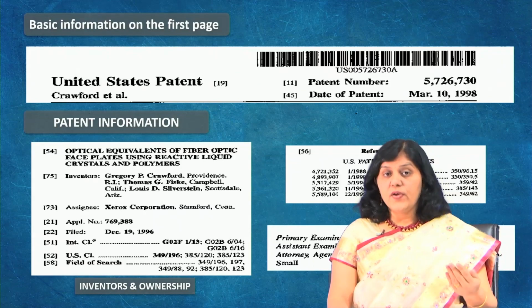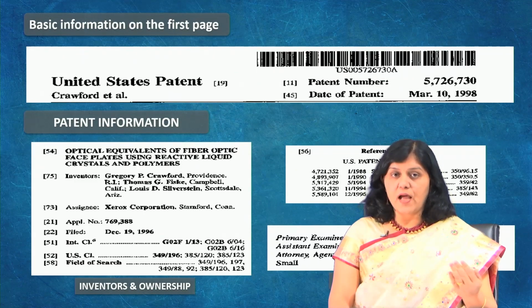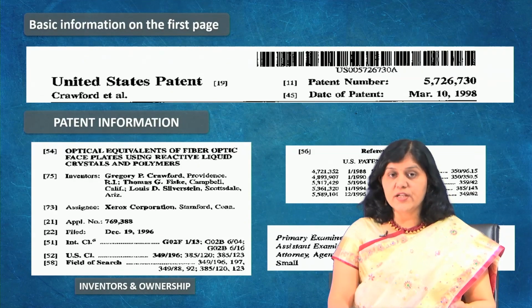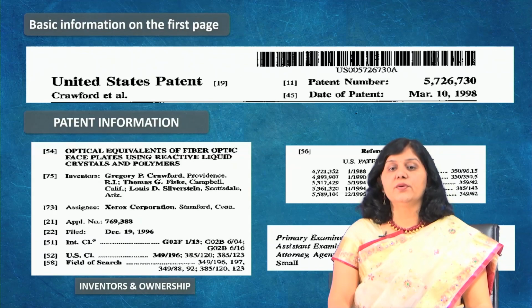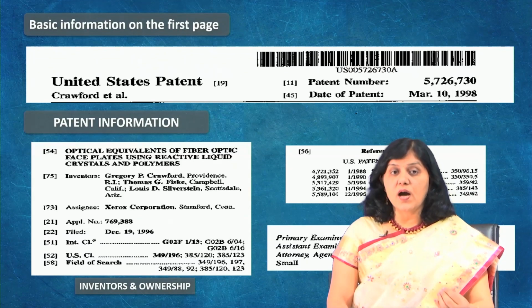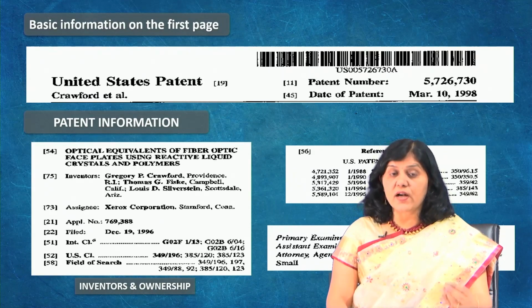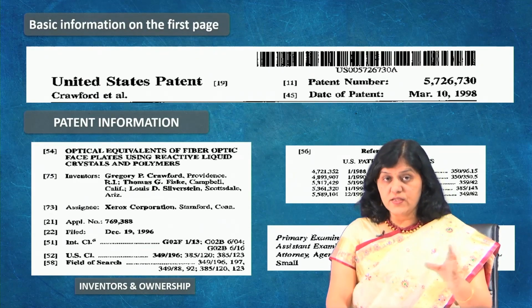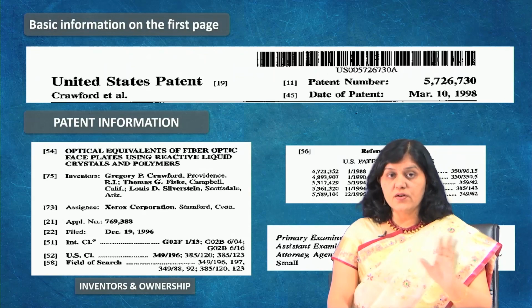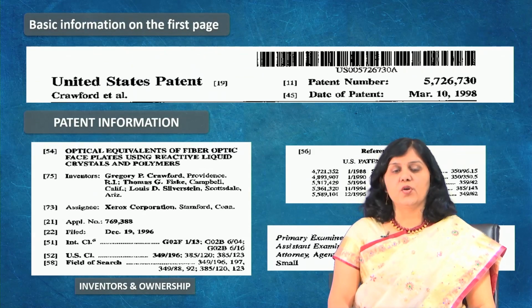Thus, we received information about patent application details, inventorship, ownership, then what is a prior art related to the patent and who are the patent office examiners as well as who have drafted this patent. All this information you are getting on the first page of the patent document.